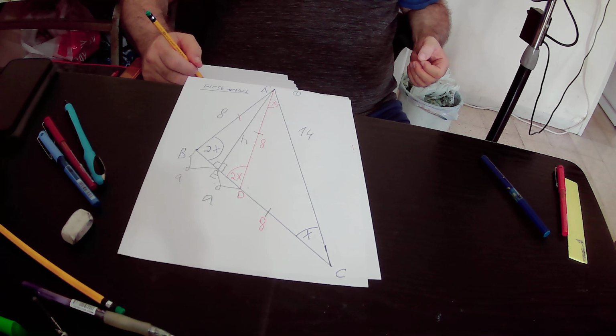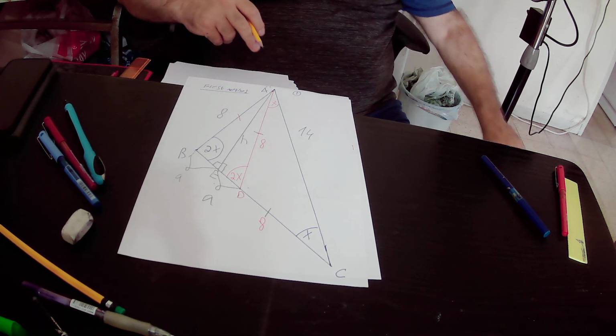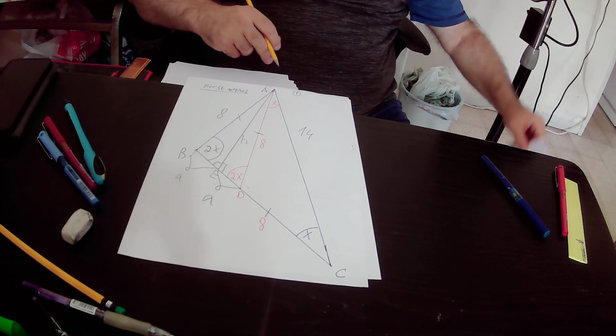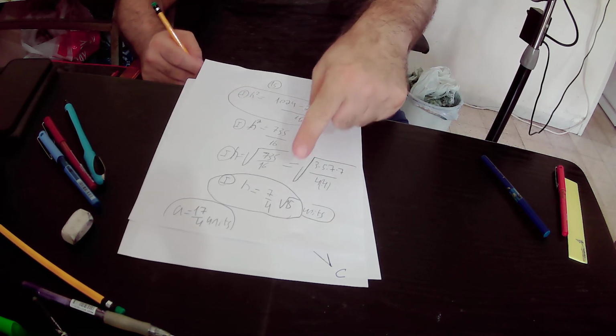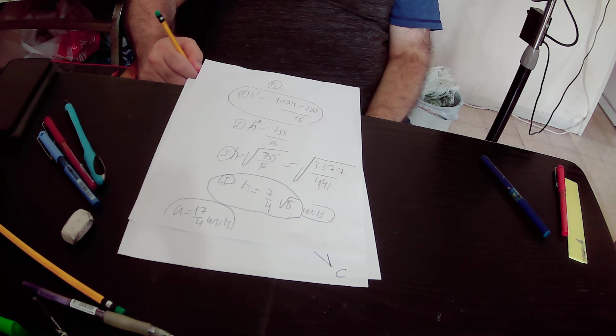And what is the value of H? As I already showed you, H equals 7 over 4 times root 15 units.